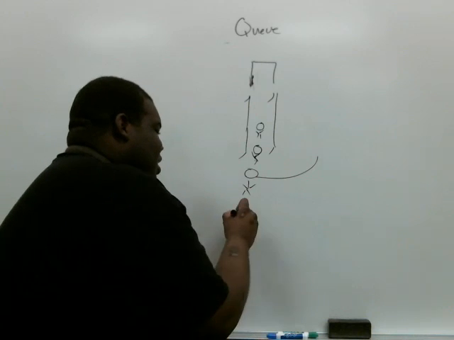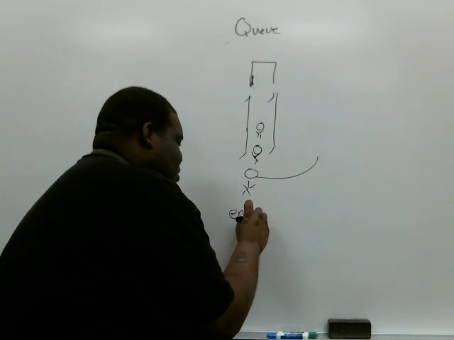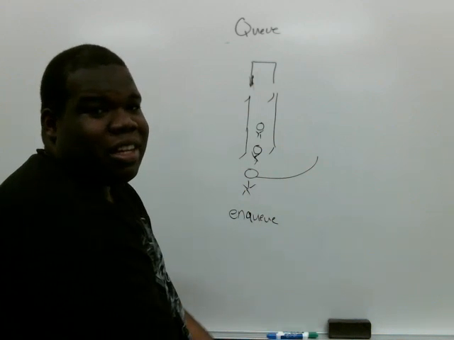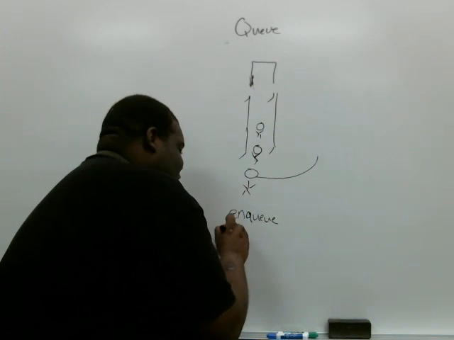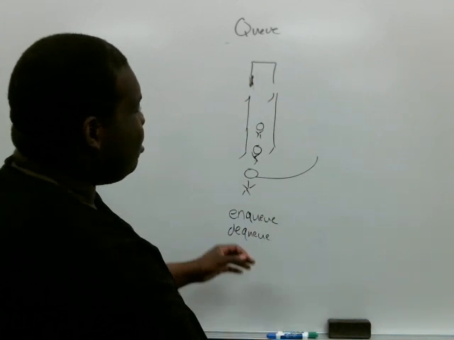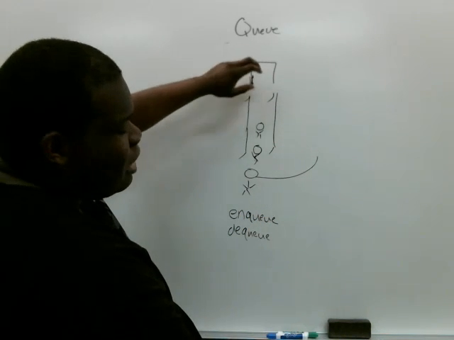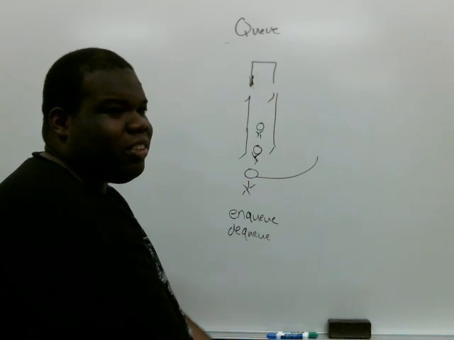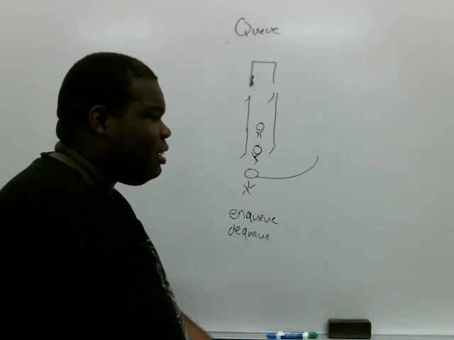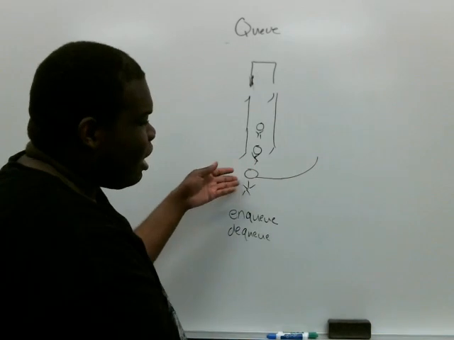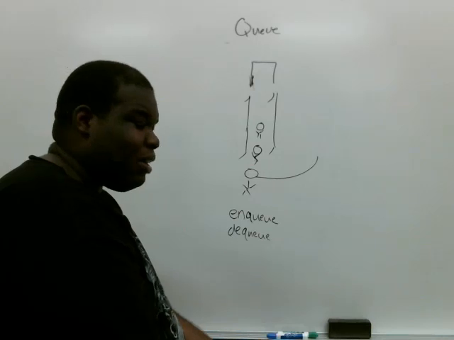One is called enqueue, which is the act of adding an item to the queue, and the other is called dequeue, which is getting the next element from the queue. Unlike a stack, which is a LIFO structure, last in, first out, the queue is a first in, first out structure. So the first person that comes in is the first person that gets served.